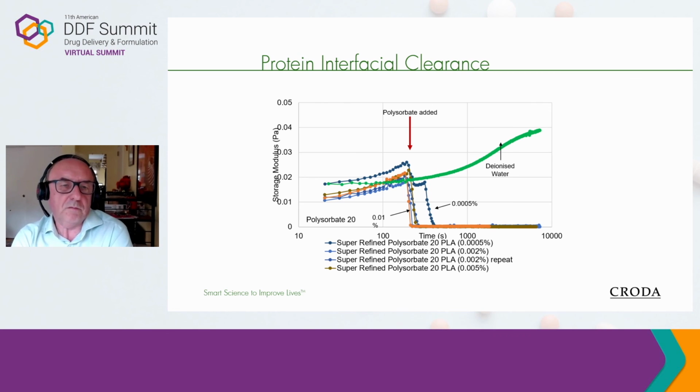So as you can see from this graph, polysorbate 20 is very, very good at clearing the interface almost immediately upon adding. It reduces the elasticity to that of water, even at the lowest concentration we studied, which was 0.0005%. We also show deionized water just for comparison purposes. But essentially, over the range of concentrations we're using, this particular polysorbate is very, very effective.